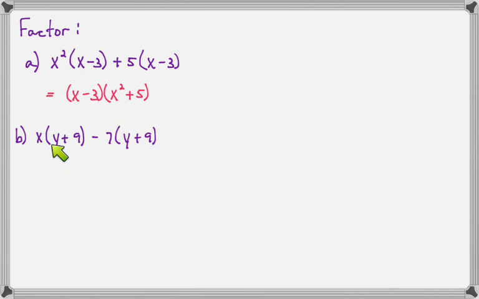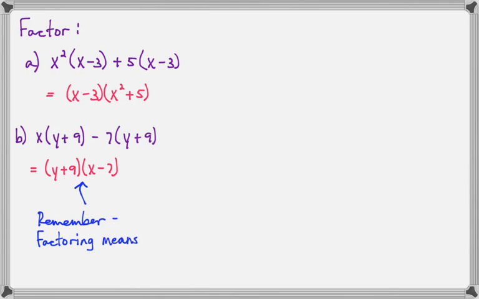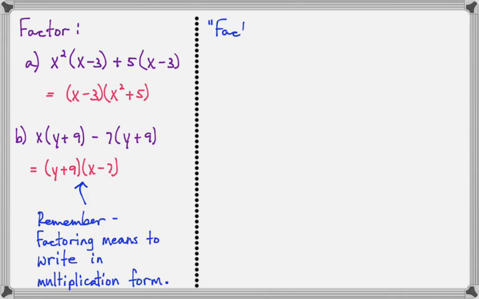Same idea. x times (y plus 9) minus 7 times (y plus 9). Both terms have a y plus 9. And that will leave x minus 7 in parentheses. So remember that factoring means to write the thing in multiplication form.